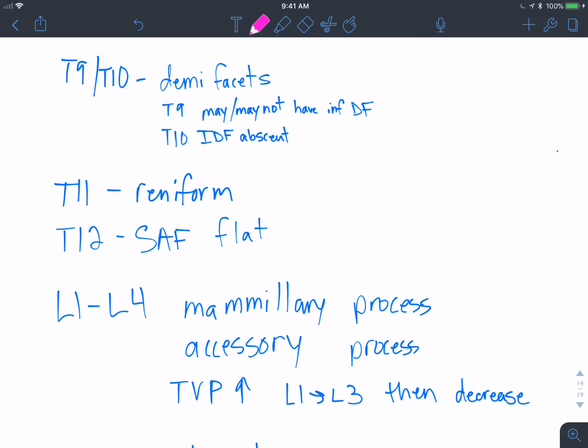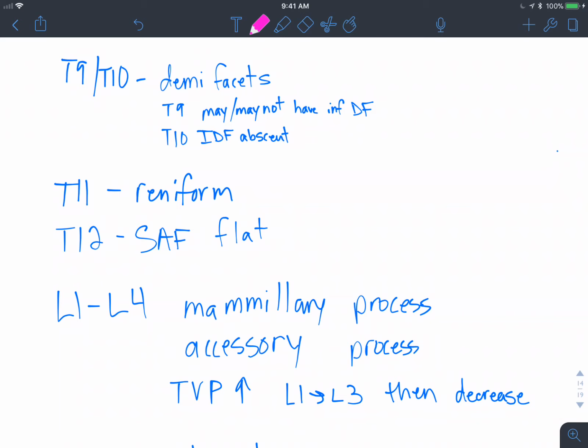T9 and 10, it gets a little tricky when we talk about demifacets. Demifacets just mean half of a facet, right? So when the rib articulates with two vertebral bodies and the disc, you get a little bit of articulation on both, right? So demifacets are key with that kind of stuff.